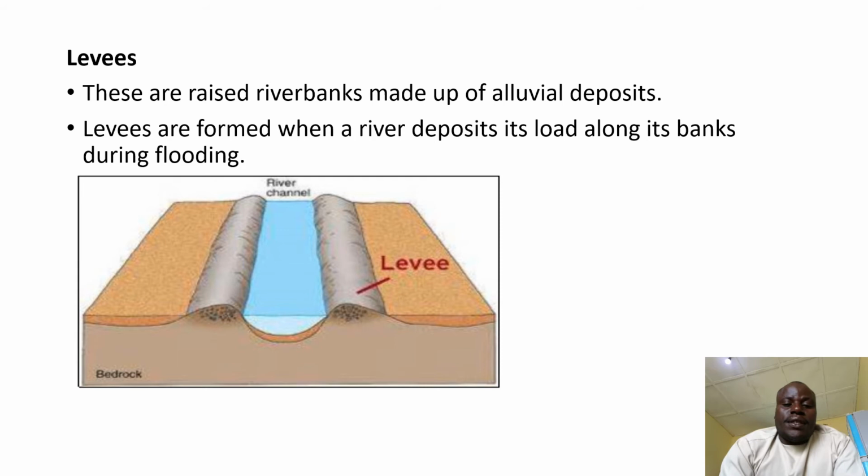We have levees. These are raised river banks made up of alluvial deposits. They are formed when a river deposits its load along its banks during flooding. If you check here properly, this is the original river flowing.